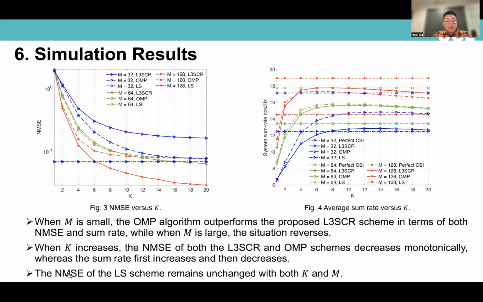Moreover, we can see that the NMSE of the least square scheme remains unchanged with both K and M. We will explain why in the next slide. Note that in many configurations, the LS method outperforms the other two schemes in terms of NMSE. However, it is important to recognize that the least square method requires very high pilot overhead. This results in a lower sum rate, as we can see from figure 4.